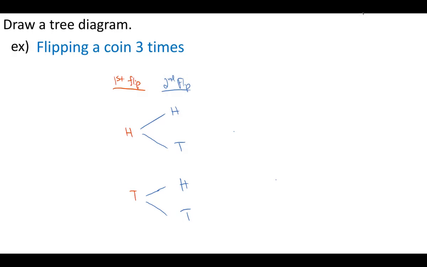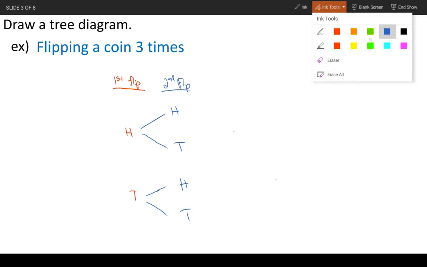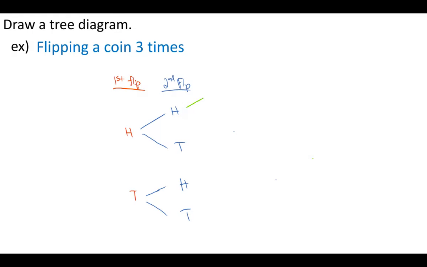And then your third flip, from each of these you could get a heads or a tails as well. So you could do heads, heads, heads; heads, heads, tails; heads, tails, heads; heads, tails, tails; tails, heads, heads; tails, heads, tails; tails, tails, heads; or tails, tails, tails. So then our sample space, we know we'd have 1, 2, 3, 4, 5, 6, 7, 8.